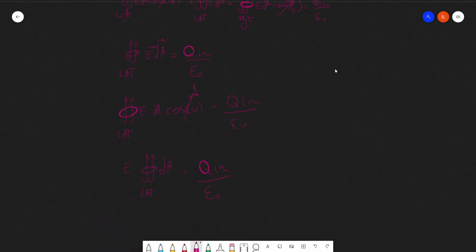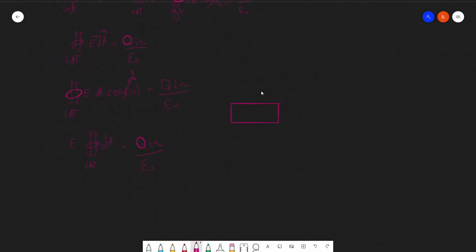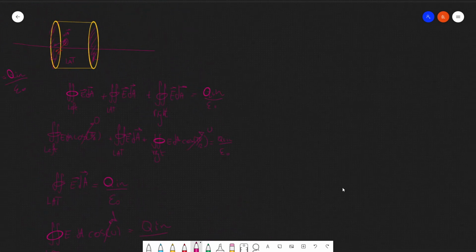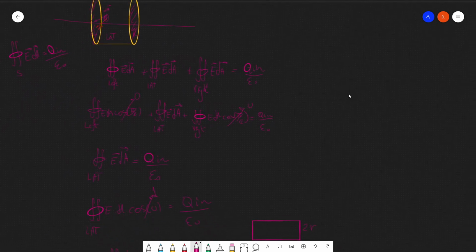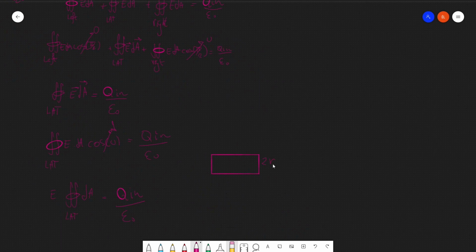If I open the cylinder, this is 2R, right? Because it's the height of it, or am I getting this wrong? No, sorry, I messed this up. I think it's the other way around.